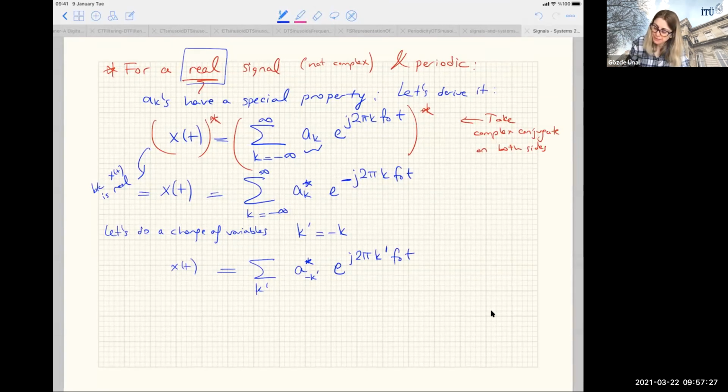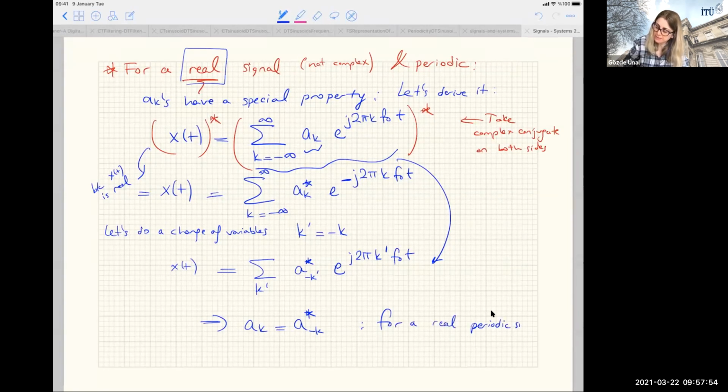So you see, look at this original equation and the equation we just derived, because they are equal: a_k is equal to a minus k conjugate. K prime really doesn't matter here. They are equivalent. We just derived this for a real periodic signal. I can rewrite it equivalently, just putting the minus k, again doing a change of variables.